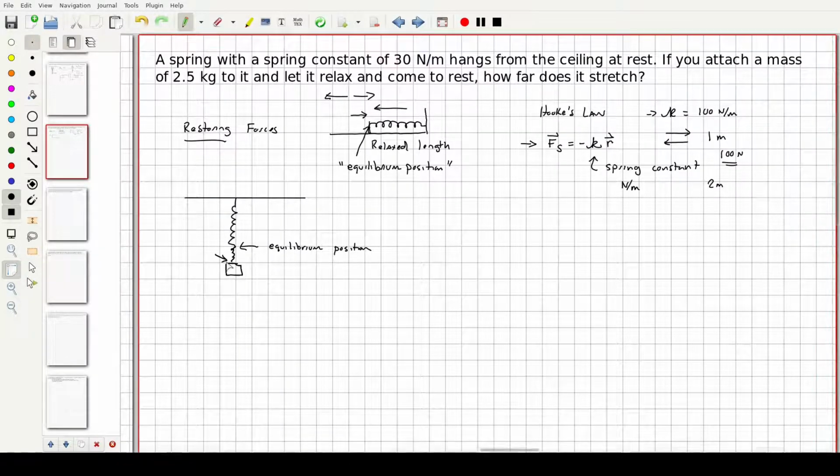So this point right here would be at the end, and you see how it's been stretched from here to here? This right here conventionally is what R would be. Because at its relaxed length, where the spring is neither pushing on you nor pulling on you, it's exerting no force. If it's exerting no force, that means that R, your position, we say is at zero or at equilibrium.